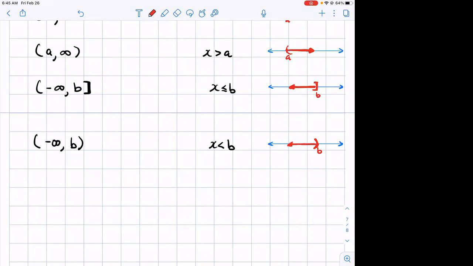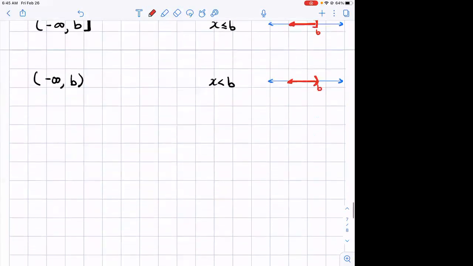And then the final one we can think about is what happens if we have the entire line from minus infinity to positive infinity. This is the entire line. So now we have X is less than infinity, but greater than negative infinity.